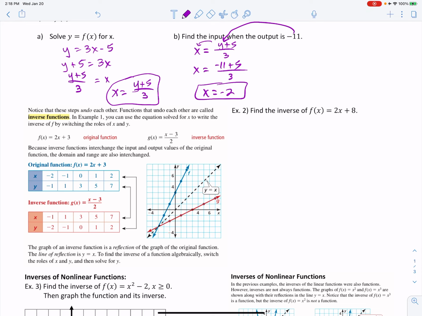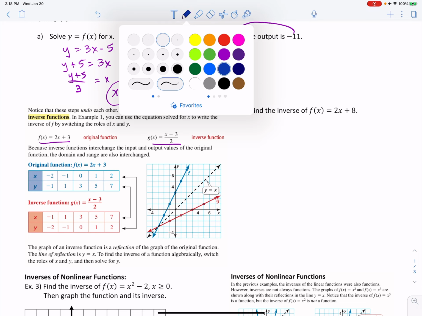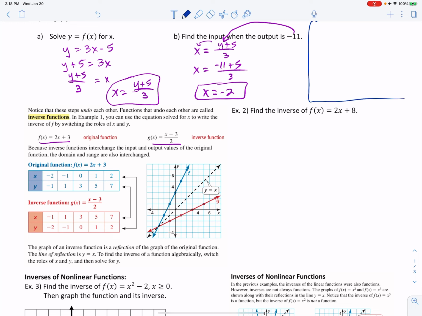So for a quick example here, we have f of x is 2x plus 3, and we're saying this is the inverse. So just taking a look, if I put 10 into that first function, I get out 23.